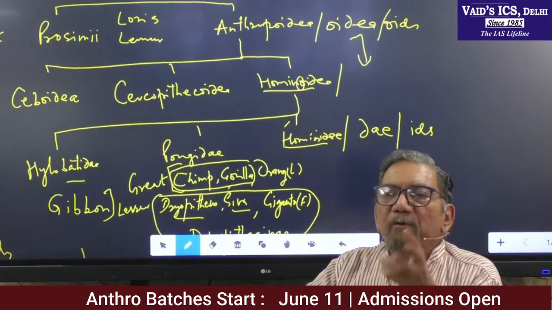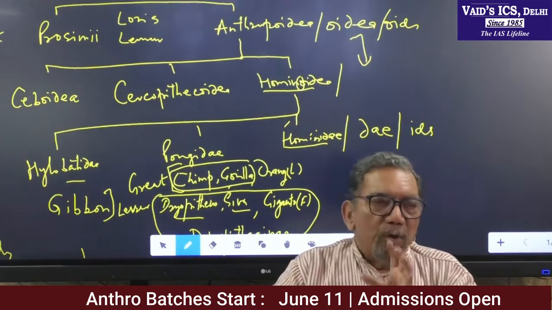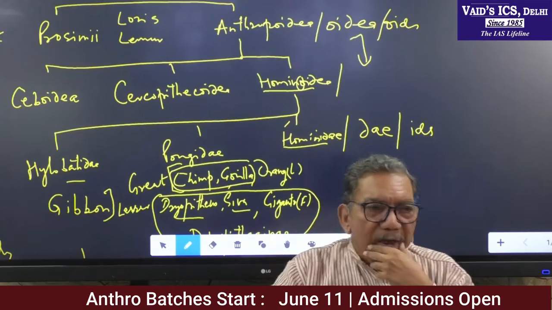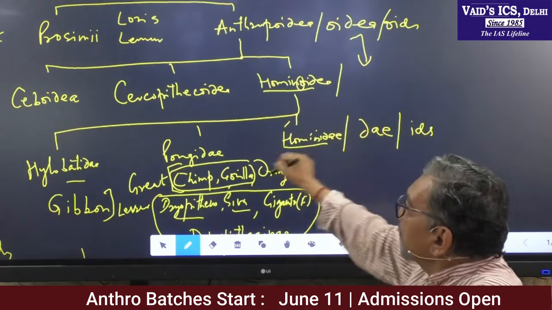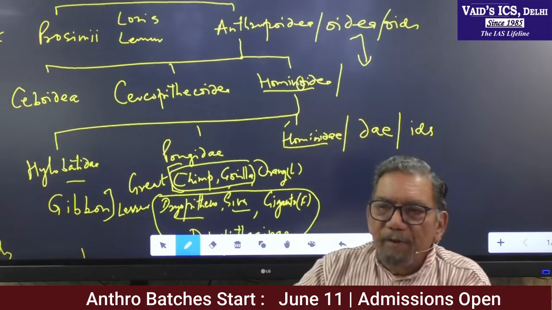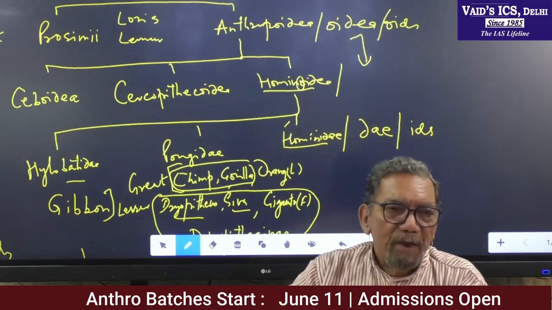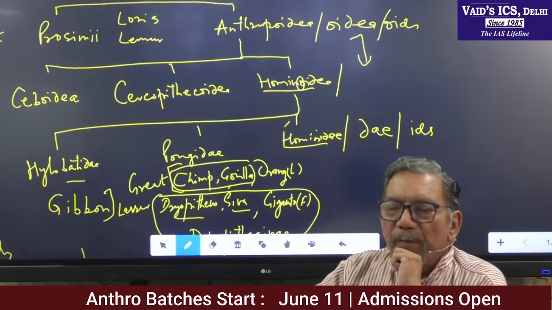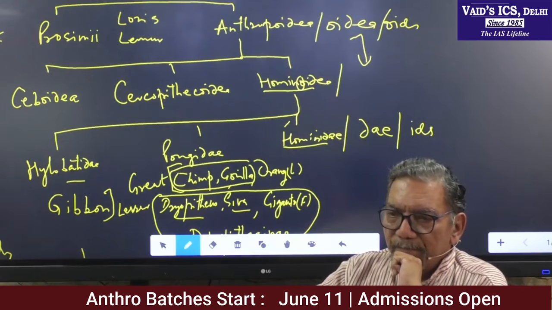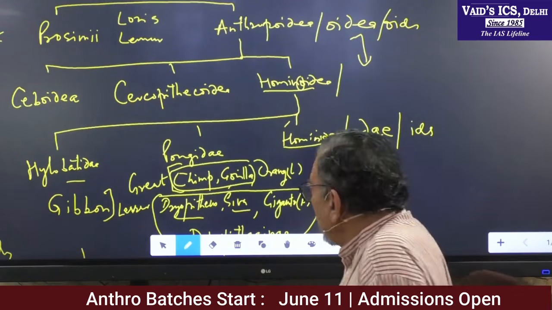If it is written hominoid, it belongs to the superfamily Hominoidea, the superfamily of these three families. And when you say hominid, it is the family which we call human family. Fine?